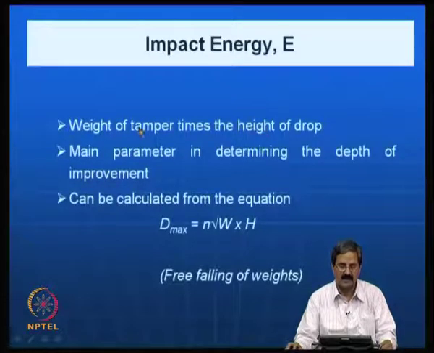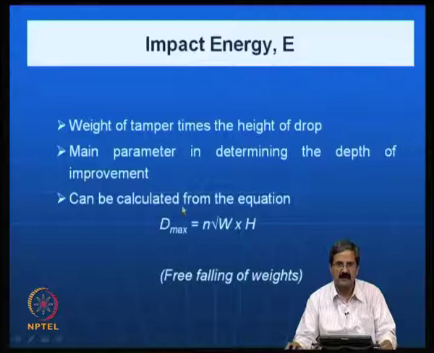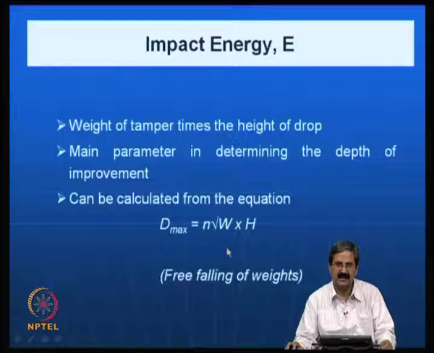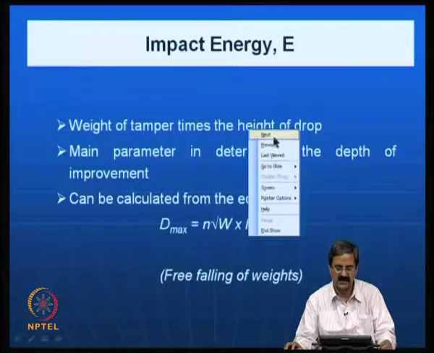As I just mentioned, the weight of the tamper times the height of drop is the energy, and the main parameter in determining the depth of improvement comes from this expression, from the free fall of the tamper: D max is equal to n into square root of W into H.